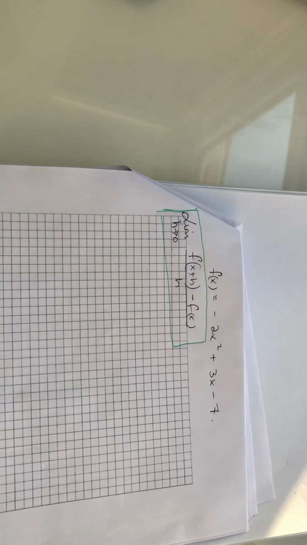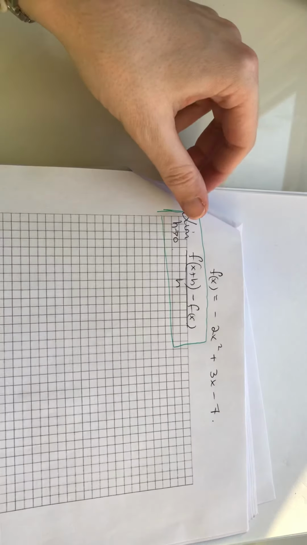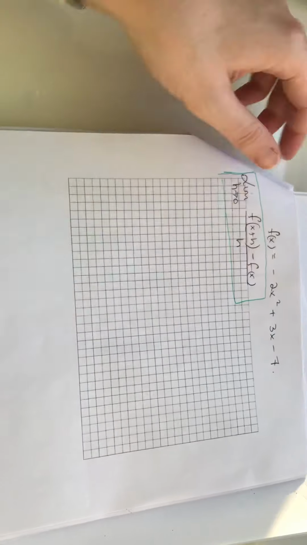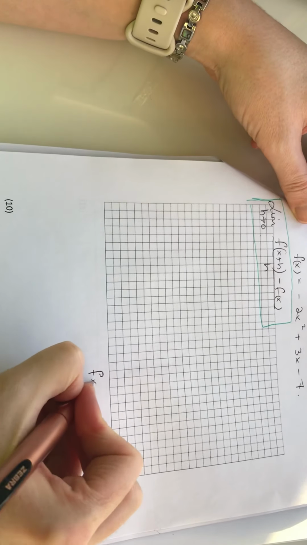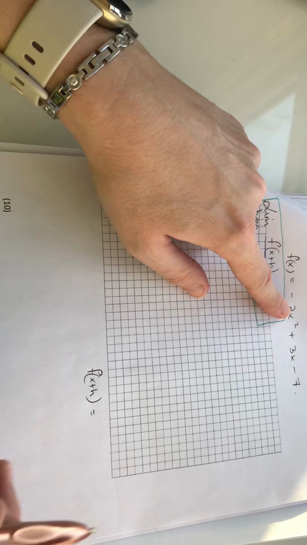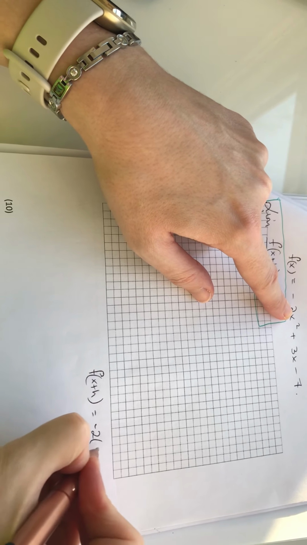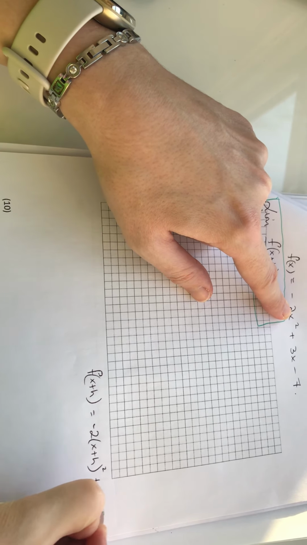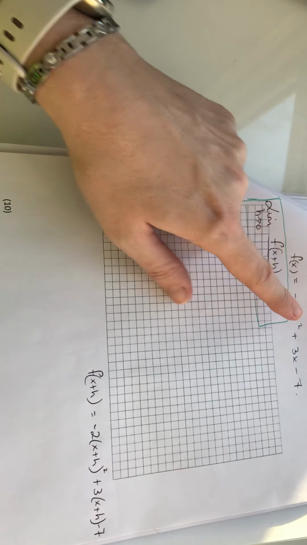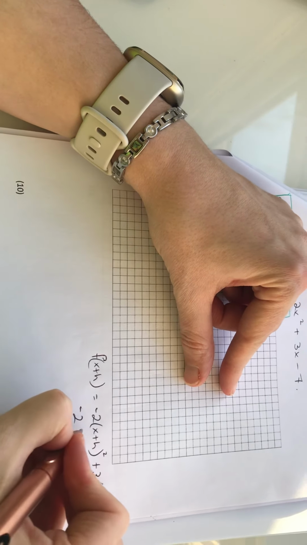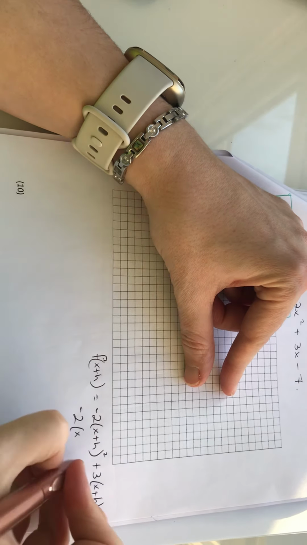So we have f of x. F of x plus h means anywhere I have an x, I can replace it with an x plus h. So I'm going to go down here maybe to a little bit of rough work. F of x plus h is, again, anywhere I have an x, I'm replacing it with an x plus h. And then just work that out bit by bit, multiply it out, square it out.